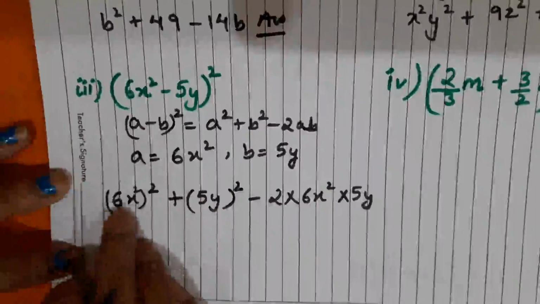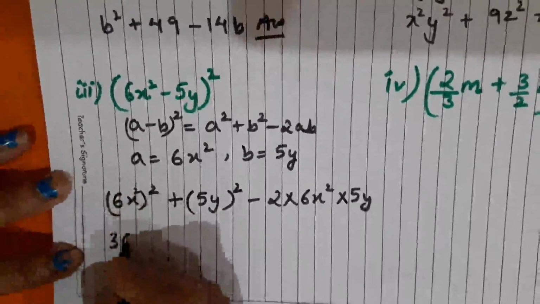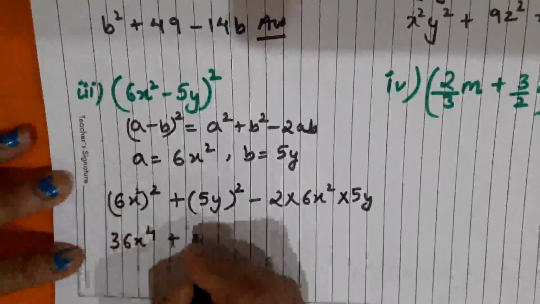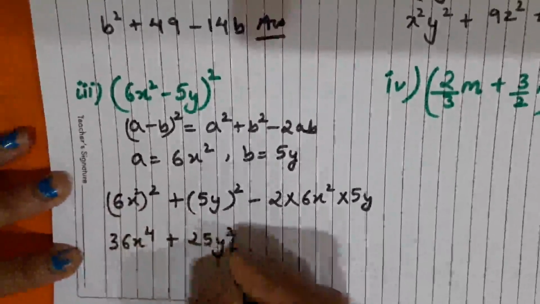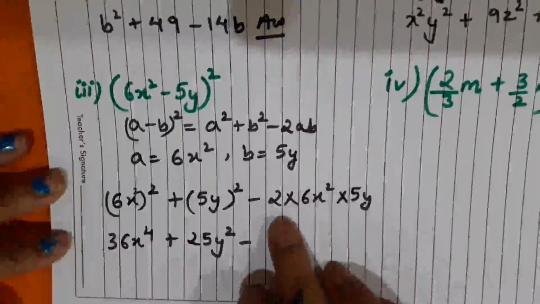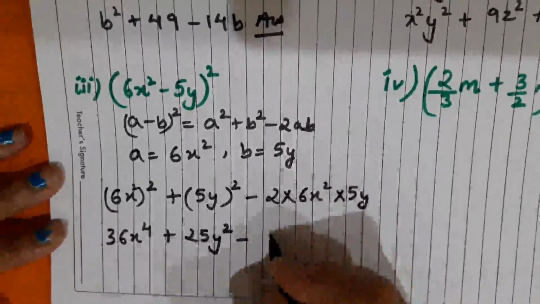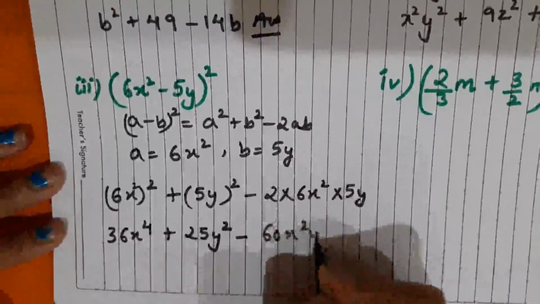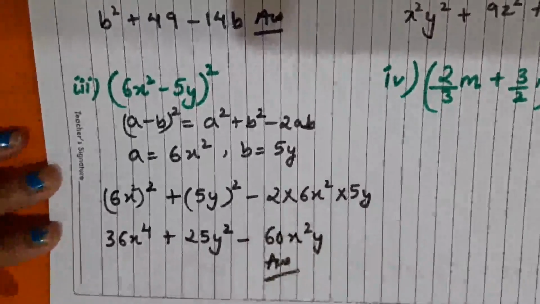Now (6x square) whole square means 36x power 4, plus 25y square, minus 5 into 2 is 10, 10 into 6 is 60, 60x square y will be your answer.